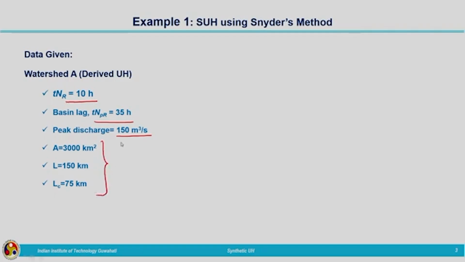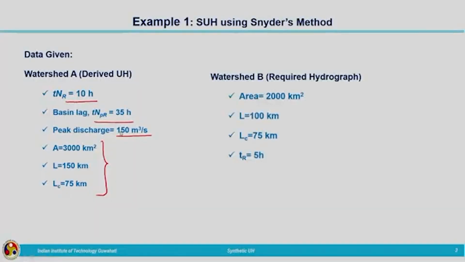Now, we need to make use of this data for deriving the synthetic unit hydrograph for the ungauged catchment. The synthetic unit hydrograph which we are going to derive for the ungauged catchment is the required unit hydrograph. So, for watershed B, we need to derive the required hydrograph.